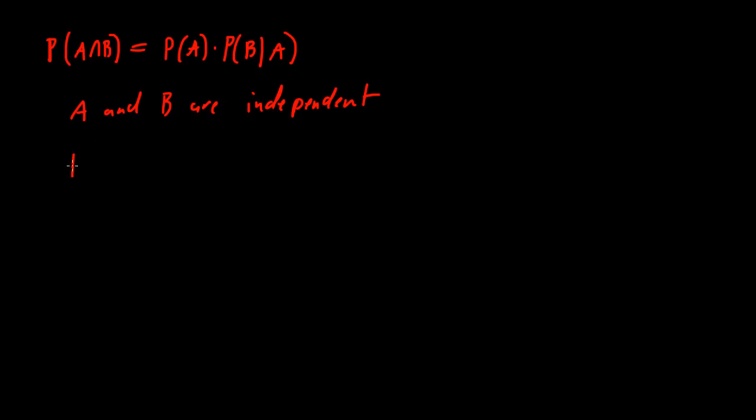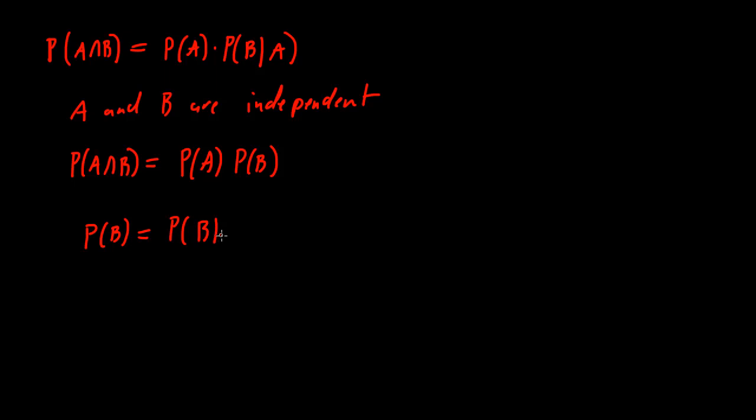The probability of A intersect B is now equal to the probability of A times just the probability of B. What this means is that the probability of B is equal to the probability of B given A if A and B are independent.